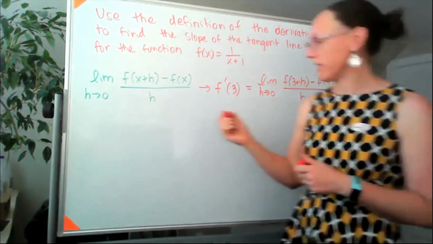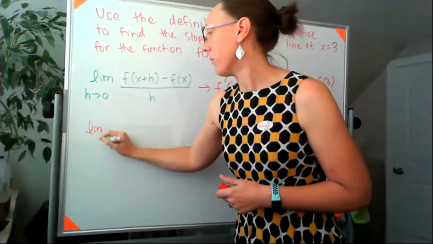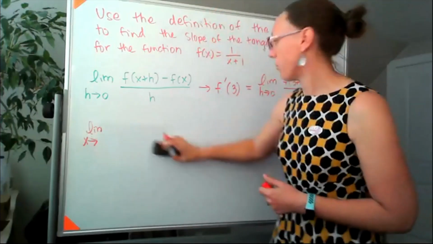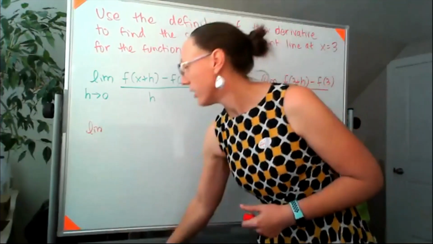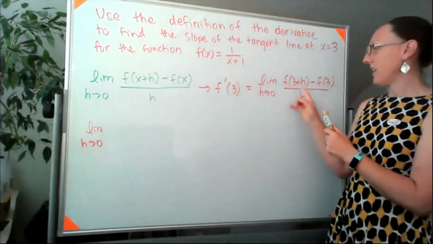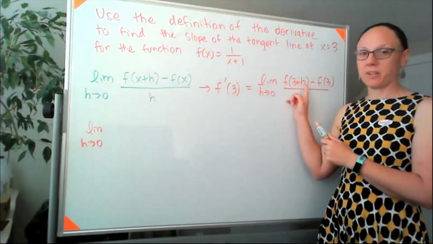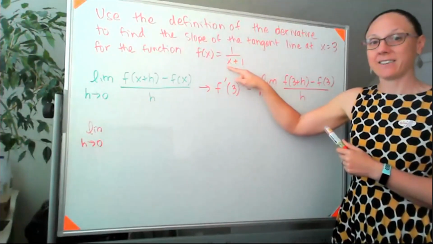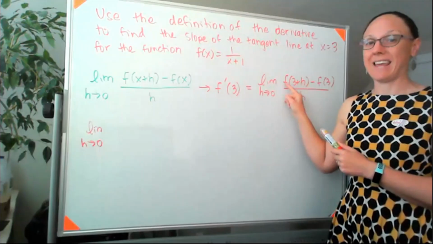So that limit definition, I will move over here. I'm for sure going to run out of board space today, but we'll figure it out. So f of 3 plus h means I'm going to look at my function, and wherever I have that x, I'm going to replace it with 3 plus h.